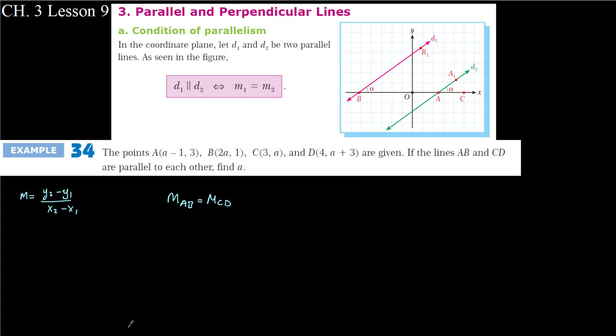Here in the first part, this is x1 and y1, this is x2 and y2, then this is x1 and y1 in the second part, this is x2 and y2.